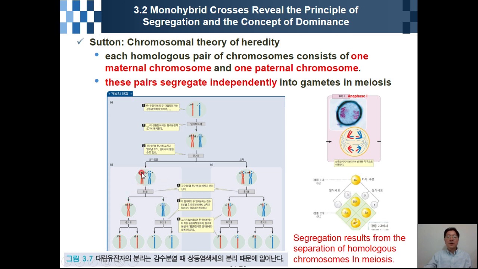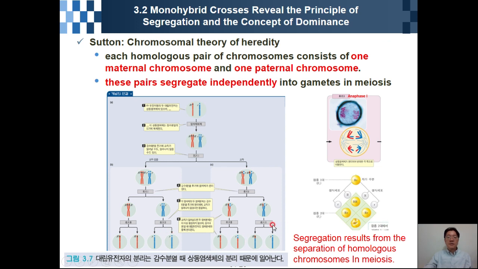After that, these pairs of chromosomes make large R alleles, and this chromosome can make small r and small r.